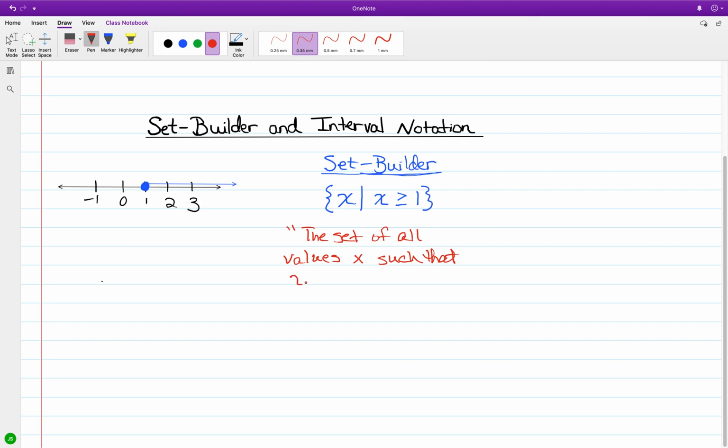Then we have the descriptive terms regarding our inequality statement: x is greater than or equal to 1.